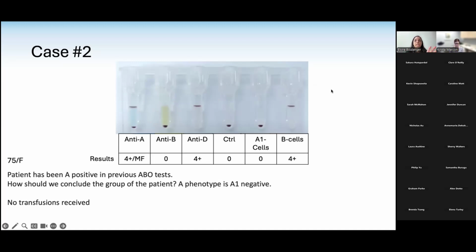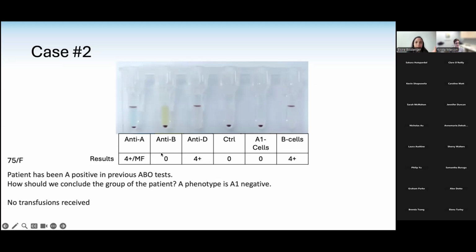And it looks like an A positive group, but I'm having this negative. So why am I having this negative reaction here? We can call this mixed field. Mixed field is when I have a very strong reaction with a very weak reaction, but there's nothing in between. So this is not a 1 or 2, this is just a mixed field.